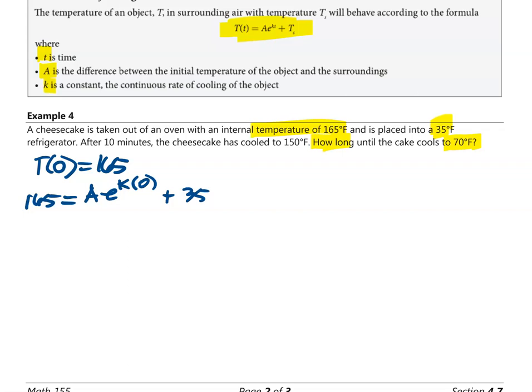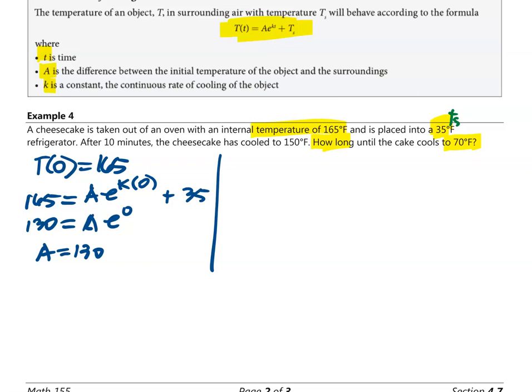So this is our T. So here we subtract 35 from both sides. That is going to be 130 is equal to A e to the k times 0, which is e to the 0, which is equal to 1. So A is equal to 130.